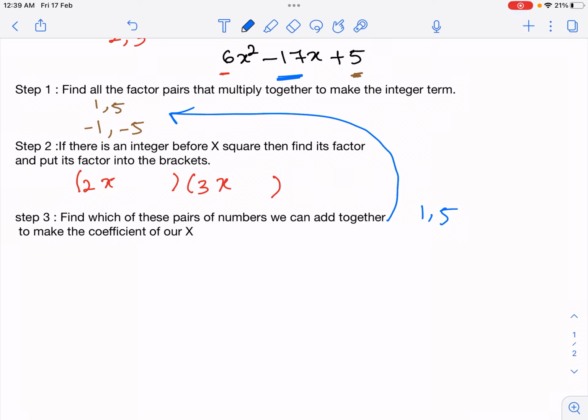Since in step number 2 we multiplied the x in the first bracket by 2 and in the second bracket by 3, we are going to do the same thing with our 1 and 5.